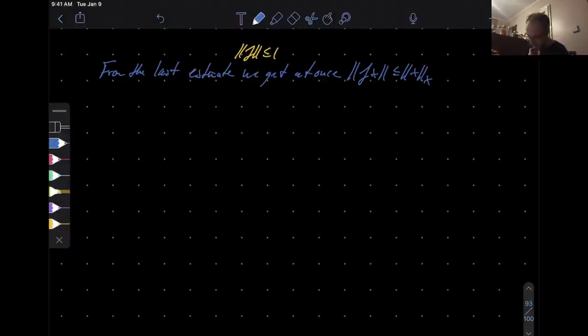This is just because this is the supremum of J of X over X, right? And then the supremum, of course, is an upper bound. So then you erase the supremum, and then you have an inequality, and you multiply the X to the other side, and you have what I write there.